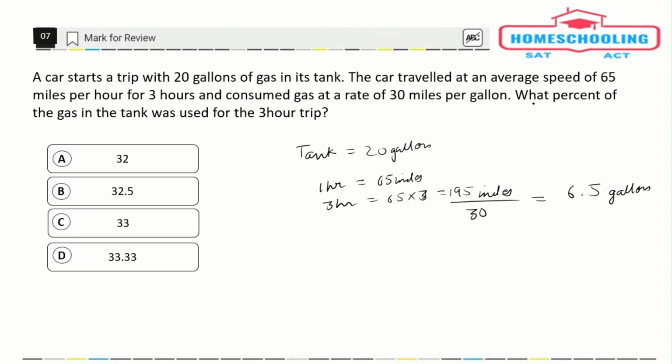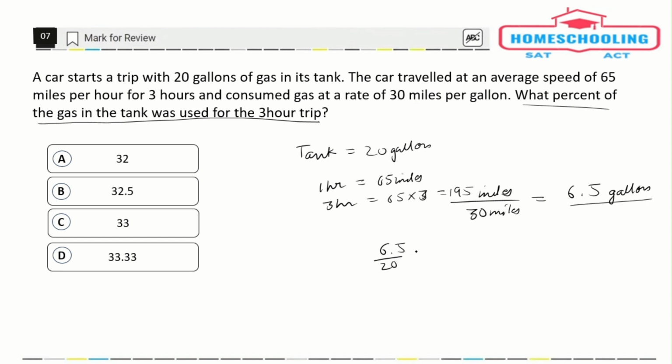In the question, we have to find what percentage of the gas in the tank was used in the 3-hour trip. For 195 miles, 6.5 gallons of gas was used, and the total tank filled was 20.